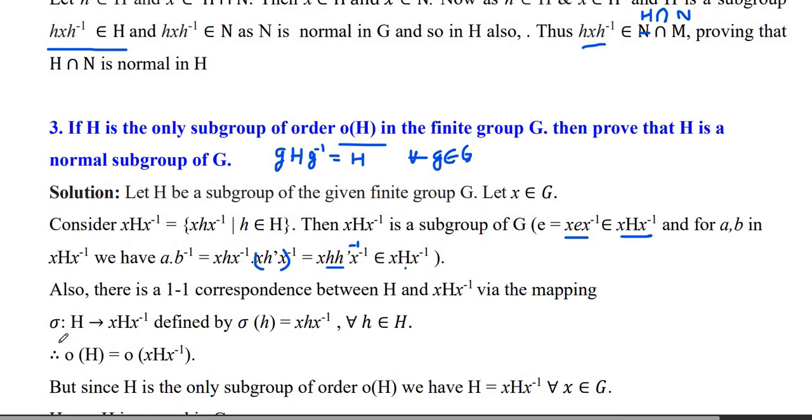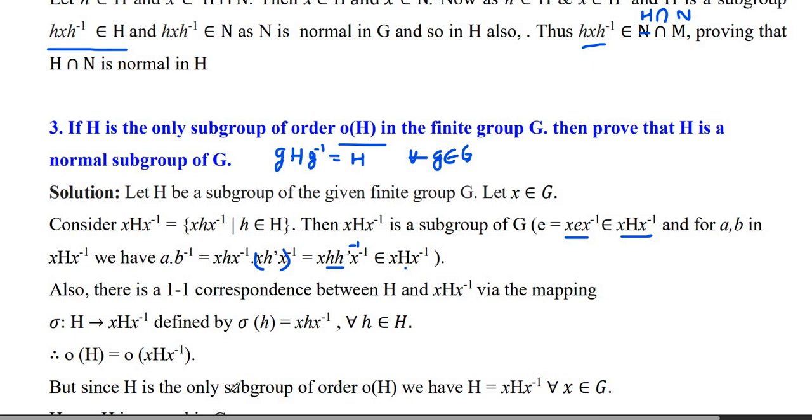Next, we establish a one-to-one correspondence between H and X H X inverse by defining a mapping sigma between them, taking any small h to this element X h X inverse for every h in H. Then it can be easily shown that sigma is one-to-one and onto, and therefore the number of elements present here must be equal to the number of elements present here, so you have the order of H equal to this.